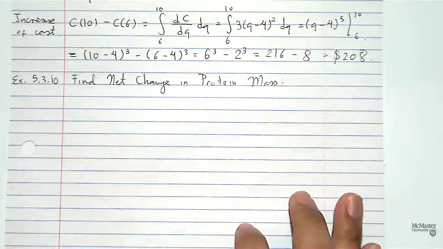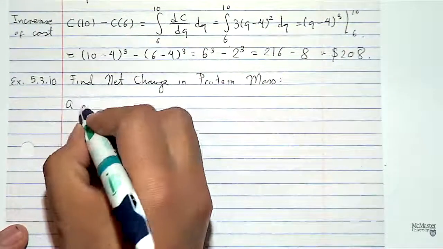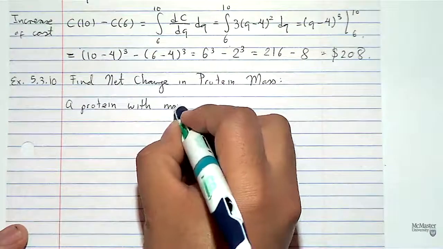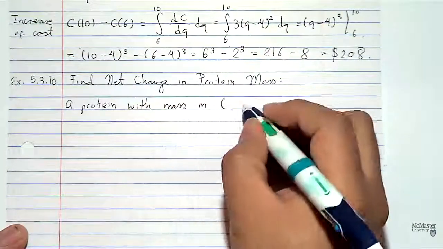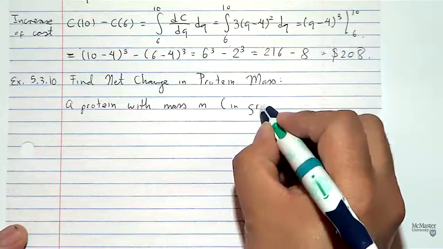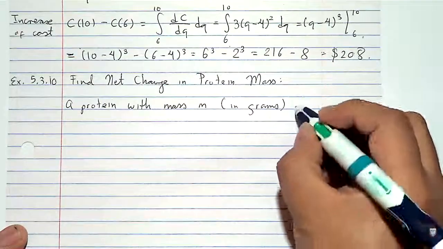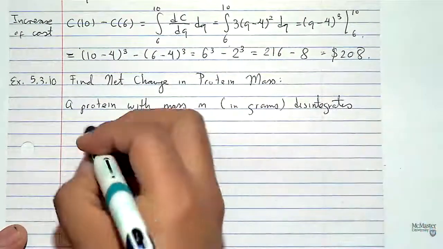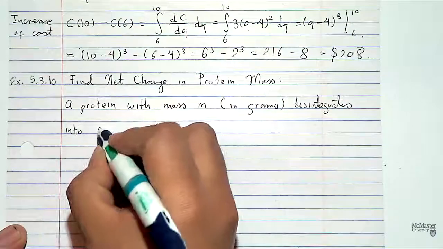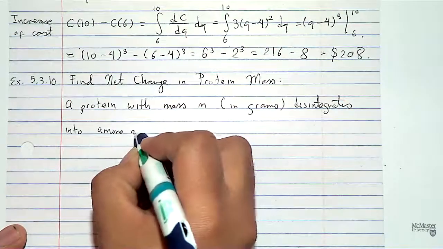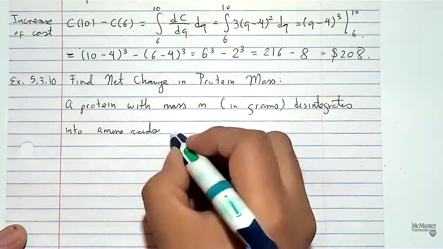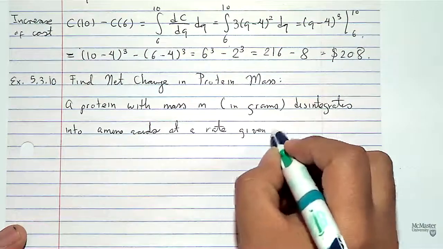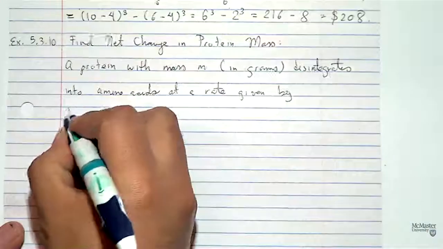So the statement of the problem is the following. A protein with mass m, the units of the mass are in grams, disintegrates into amino acids at a rate given by dm over dt.